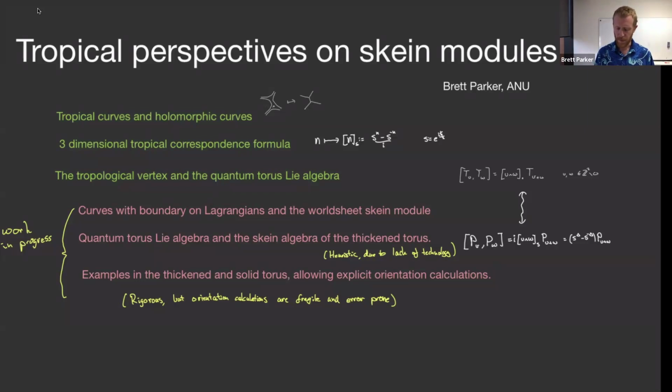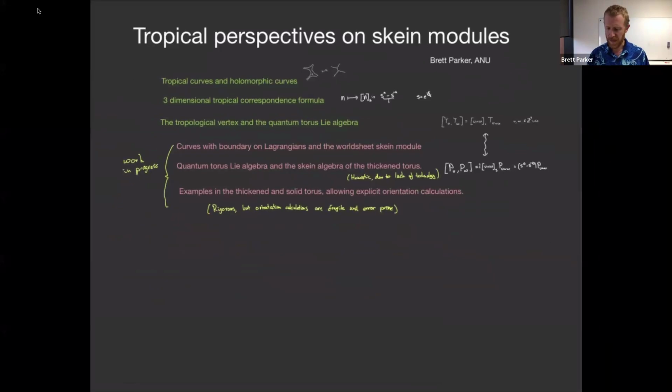So I'll say a little bit about how to see tropically the Skein algebra of the thickened torus using this curve counting that I'm talking about. And I'll give you a couple of examples where we can do explicit calculations.